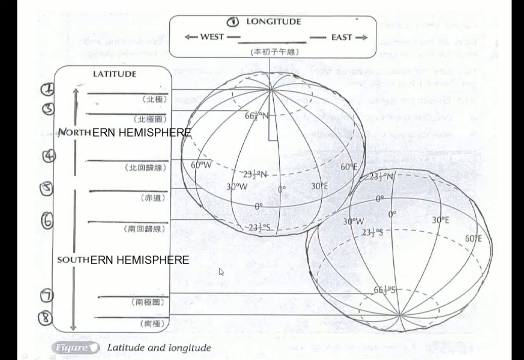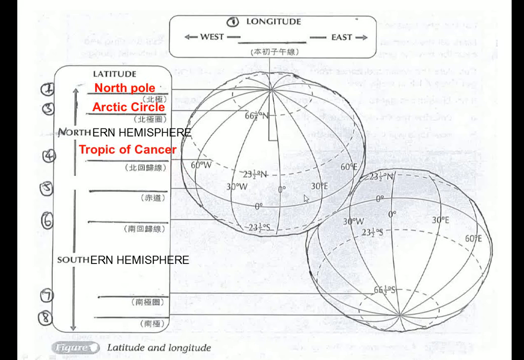Okay, so if you have no problem, can you tell me the names of the lines? First of all, this point to the very north of the Earth is the North Pole. And here, this circle, in Chinese 北極圈, is the Arctic Circle. And here is 23.5 degrees north, 北迴歸線, Tropic of Cancer.